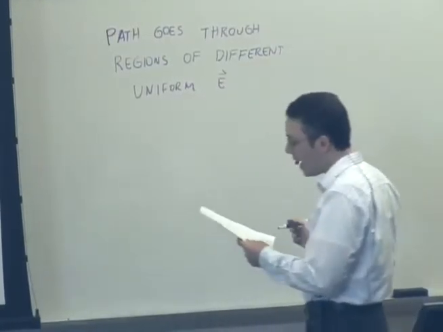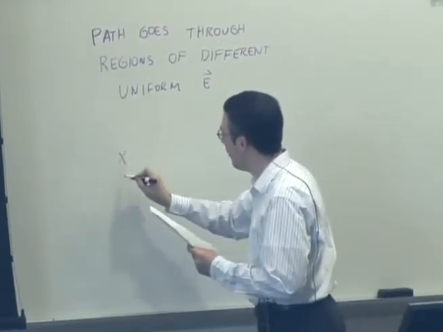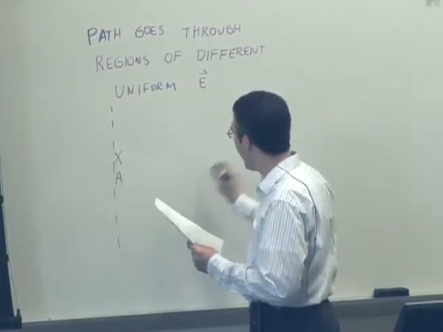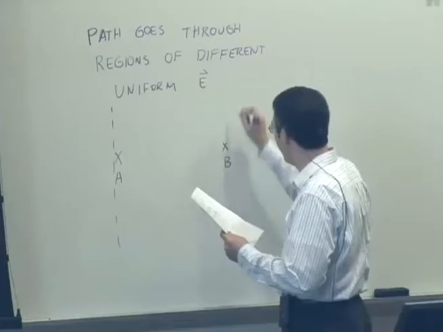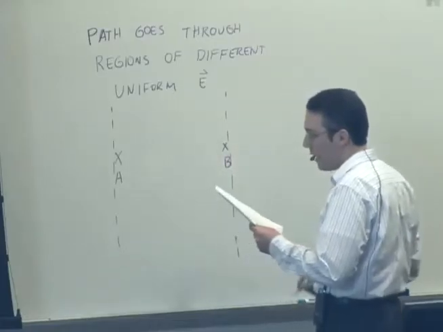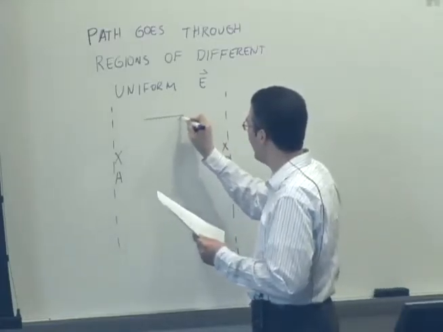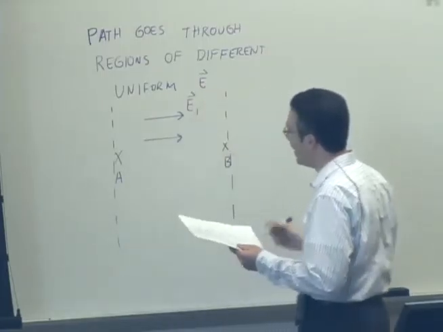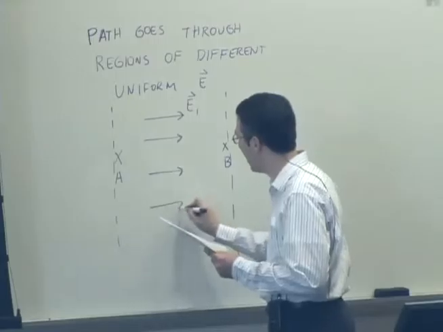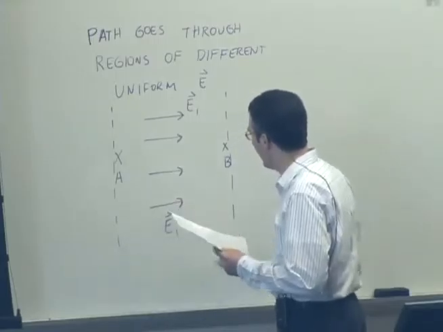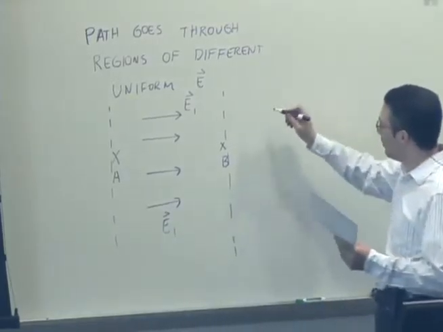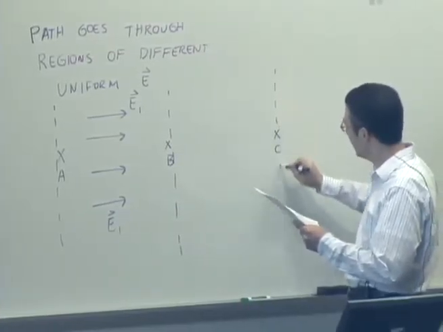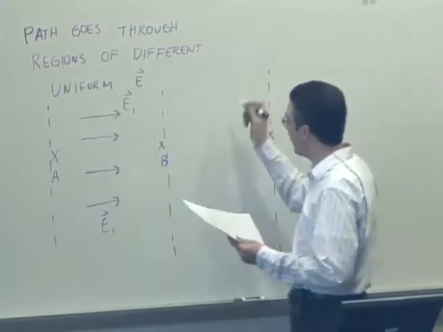So, for example, if I have some part of the path, let's say in this region, there's point A and there's point B. And along A to B, let's say I know the electric field is pointing in this direction, call it E1. And it's uniform throughout this entire region. And then from B to C, which is here, let's say I have a different electric field.